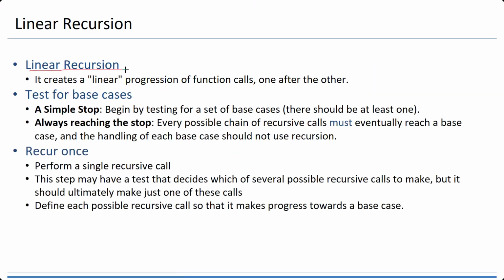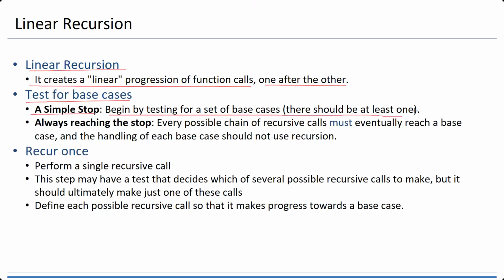Linear recursion creates a linear progression of function calls, one after the other. So the test for the base cases will be a simple stop. It begins by testing for a set of base cases.